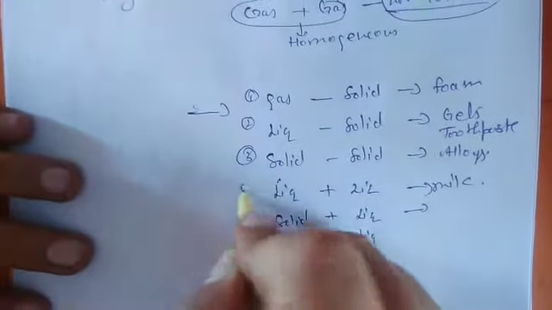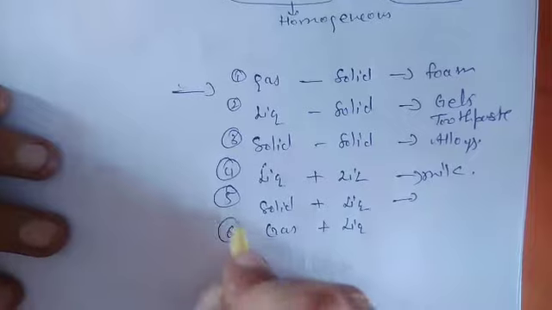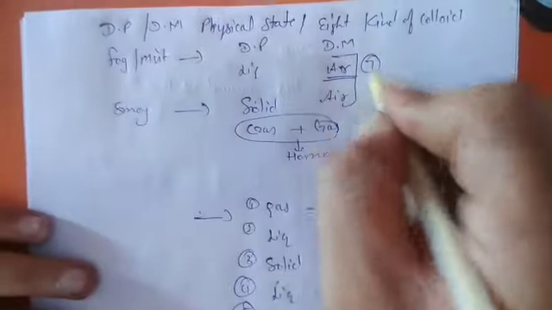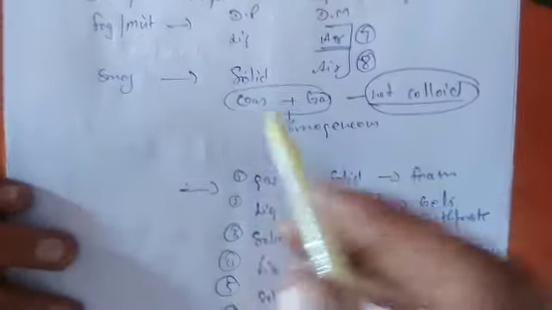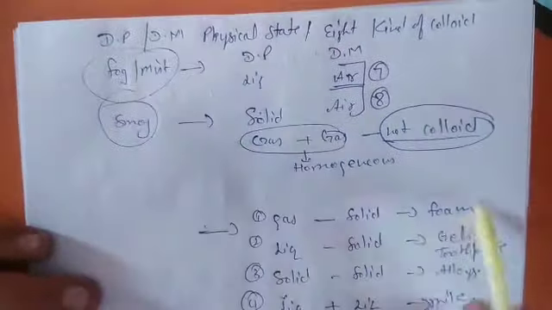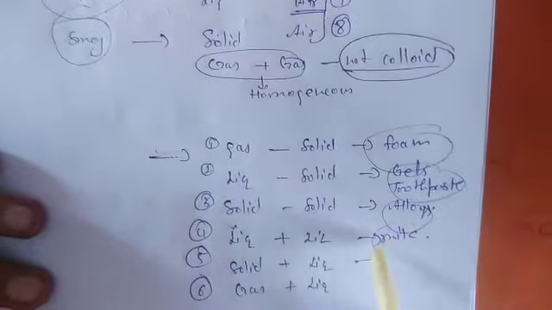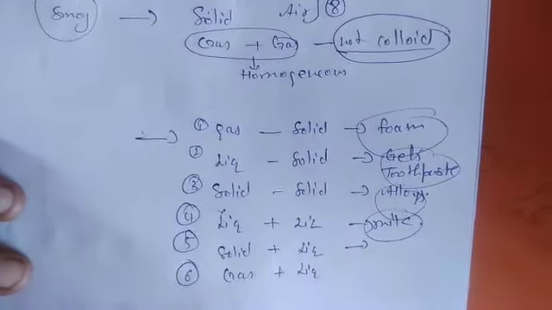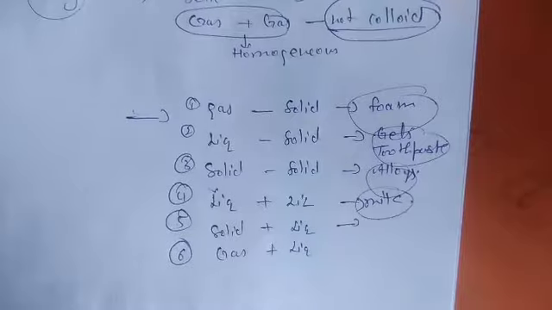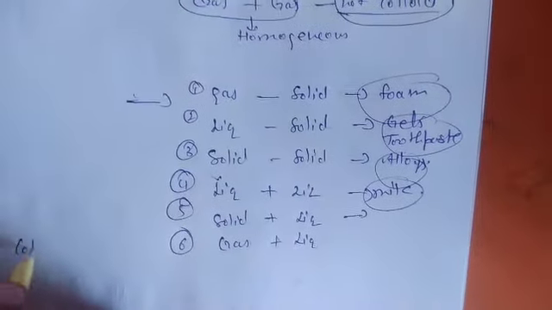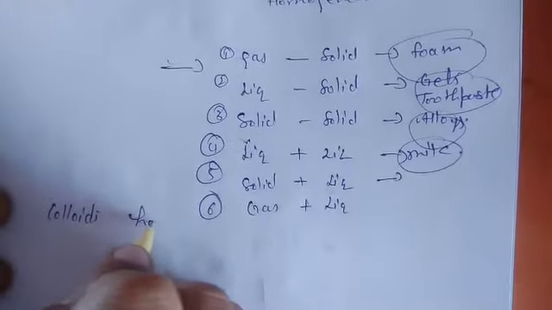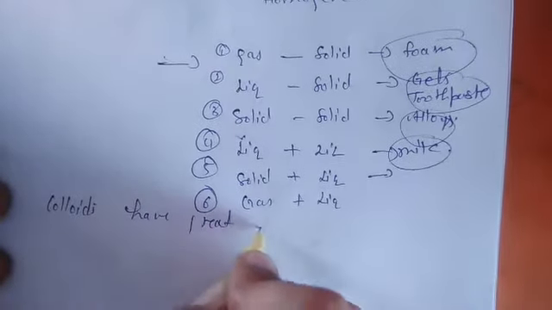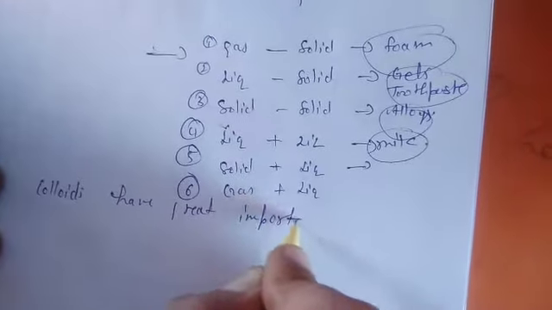So this is 1, 2, 3, 4, 5, 6, and in these cases 7, 8. Eight kinds of colloids are possible, and you see examples like smoke, fog, mist, foam, gels, toothpaste, alloys, milk. These are things used in daily life, so colloids have great importance in daily life.